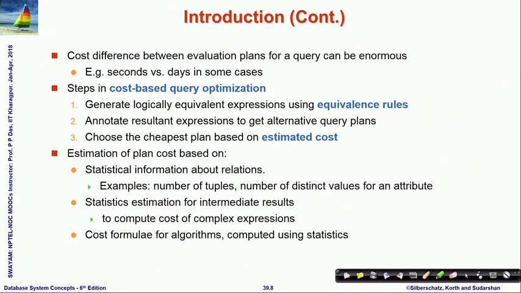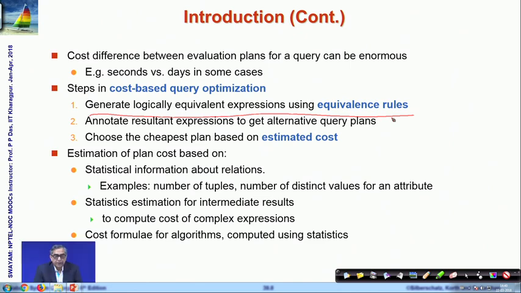So, the typical steps in this kind of query optimization would be to first generate the candidates, that is, generate equivalent expressions. Given a query, I have one relational expression and we would like to generate equivalent expressions using a set of equivalence rules. We will see what these equivalence rules are.